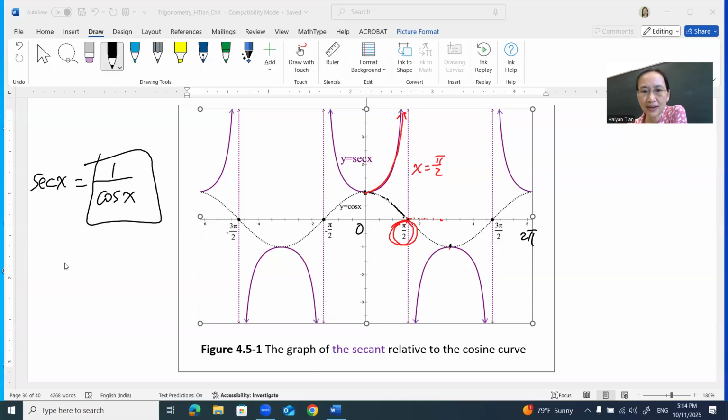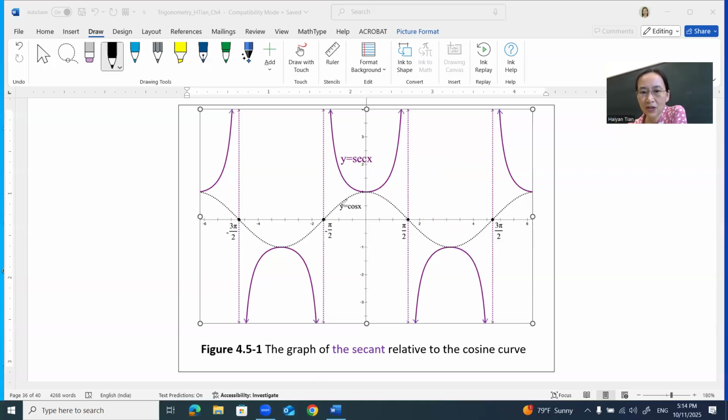When x is less than half of pi, we notice the cosine function is positive, right? All these are positive, approaching 0. So the reciprocal will be positive, approaching larger and larger values without bound. So it's going to increase.